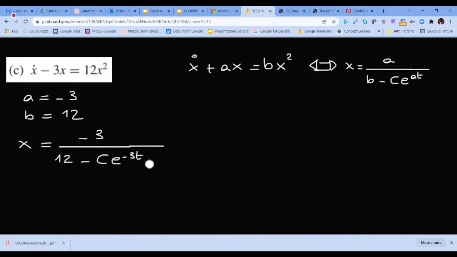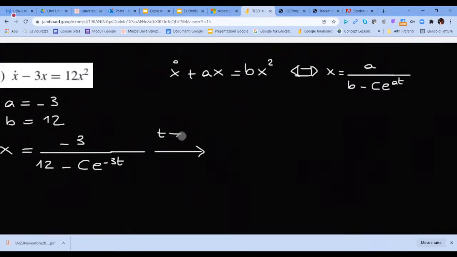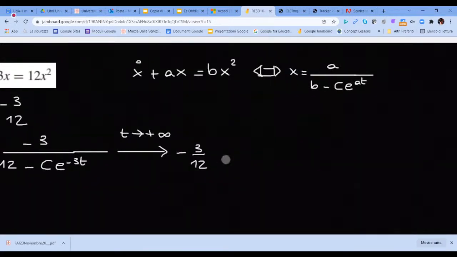For t approaching plus infinity, this term will be 0, so it doesn't depend on your constant, and this will remain. This is approaching 0. 12 minus 0 is 12, so it is minus 3 over 12, so minus 1/4.